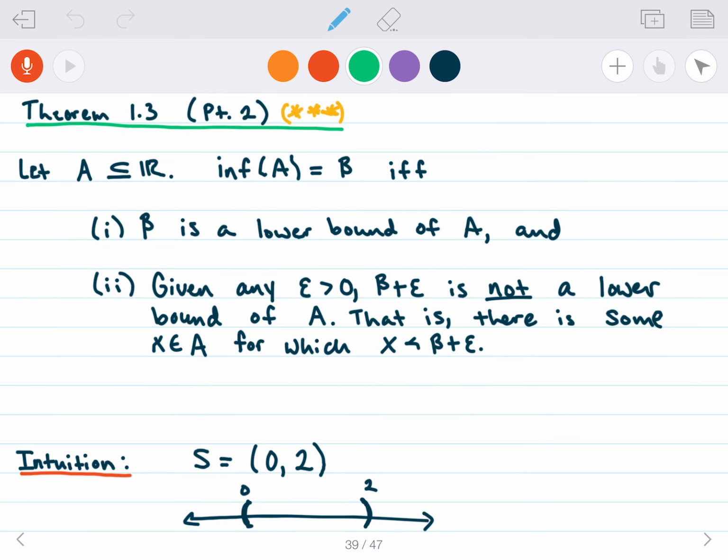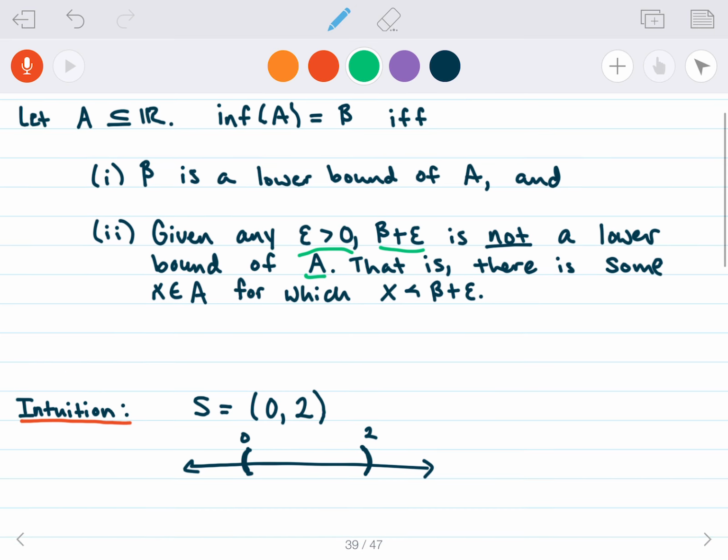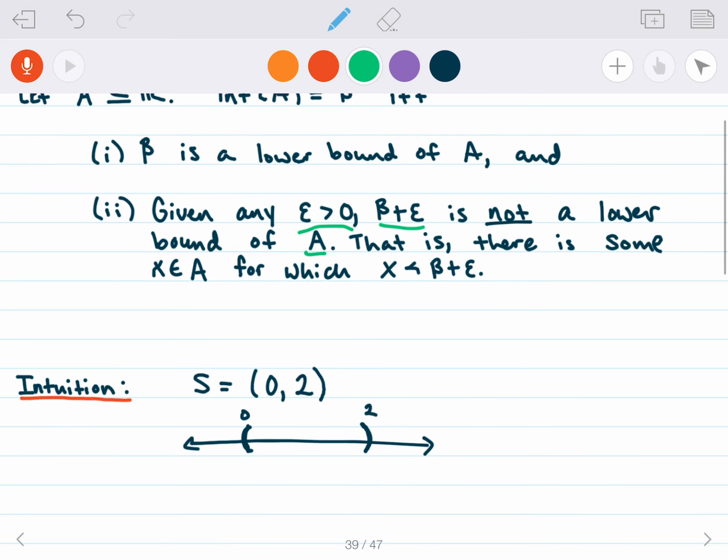And so part 2 is the analogous definition for the lower bound. So the infimum of a set A is equal to beta if and only if first beta has to be a lower bound of your set. And given any positive epsilon, beta plus epsilon is not a lower bound of A. So let's do the same kind of thing here. We know that our infimum is 0.